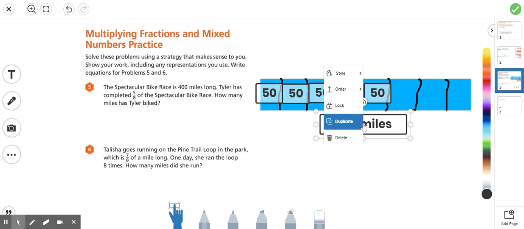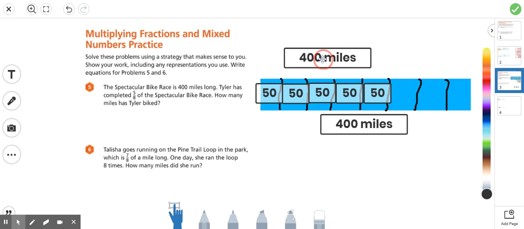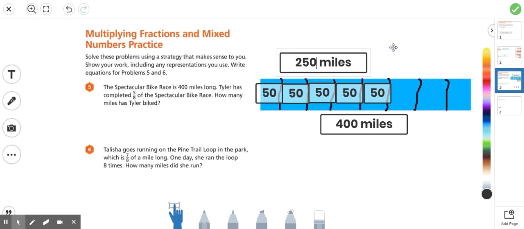So then when I'm looking, well, how many miles did Tyler race? Then I can see if I put all those 50s together, then he would have done 50, 100, 150, 200, 250 miles. So the answer to number 5 is 250 miles.